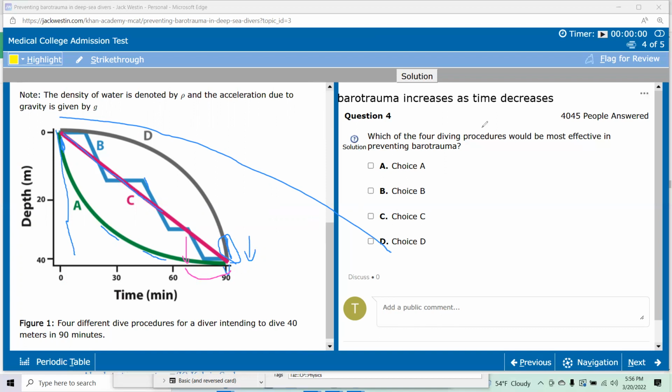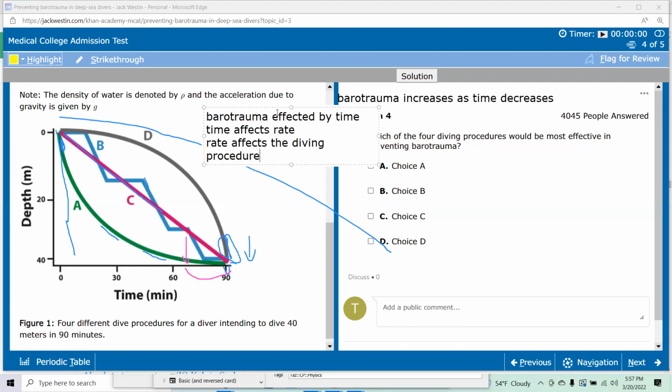The logic chain they asked you to take was: how is barotrauma affected by time, time affects rate, rate affects the diving procedure.